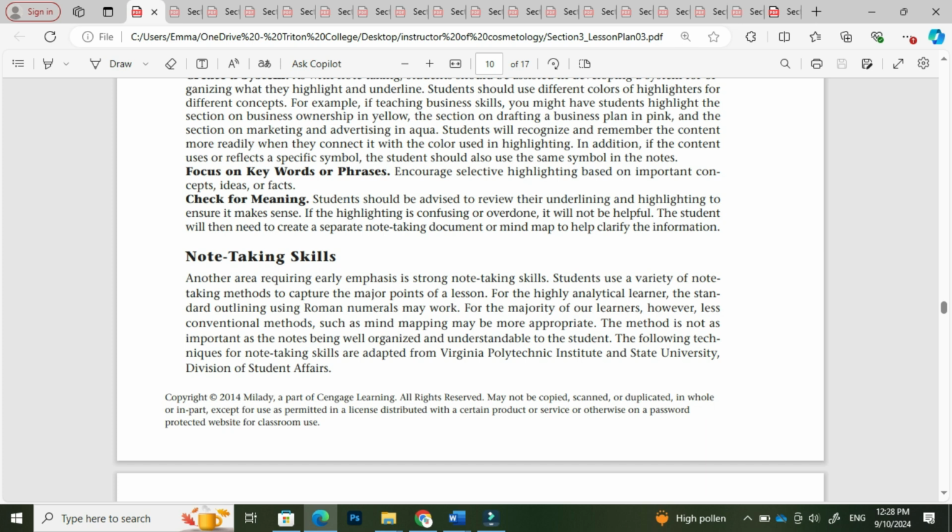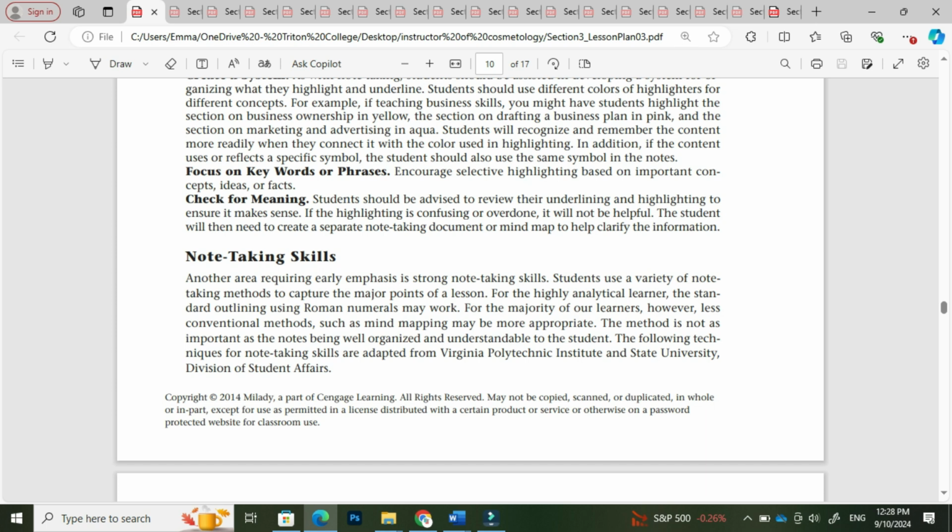For a highly analytical learner, standard outlining using Roman numerals may work for a majority of our learners. However, less conventional methods, such as mind mapping, may be more appropriate. The method is not as important as the notes being well organized and understandable to the student.